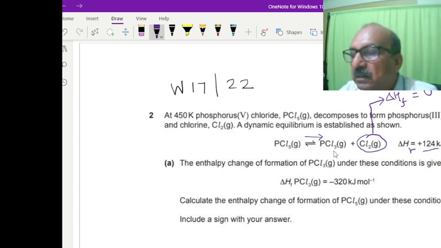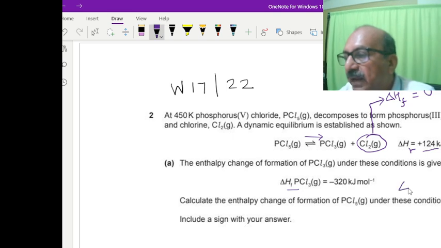And because you have been given the enthalpy change of formation, and you have to find out for the reaction, obviously you can write that the enthalpy change of the reaction is equal to the same thing, the enthalpy change of formation of the products minus the enthalpy change of formation of the reactants.